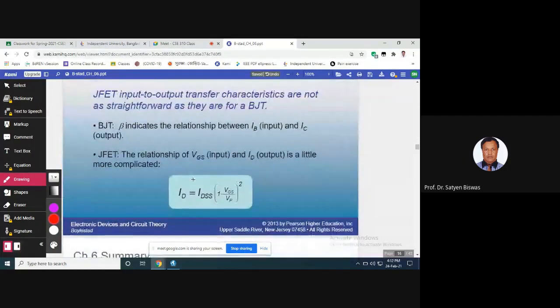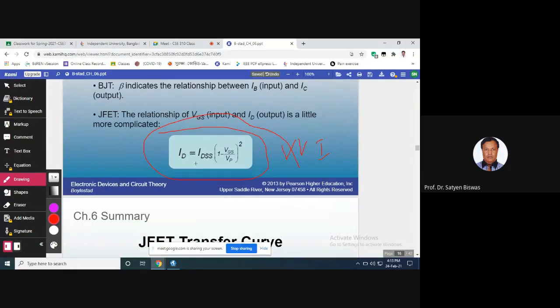And okay, now this is the formula. This is interesting. We need this one. This is a very important formula. ID is equal to IDSS into 1 minus VGS divided by VP, whole square.